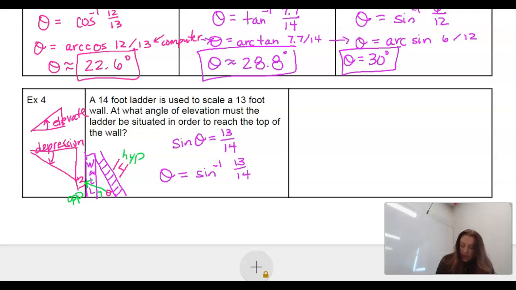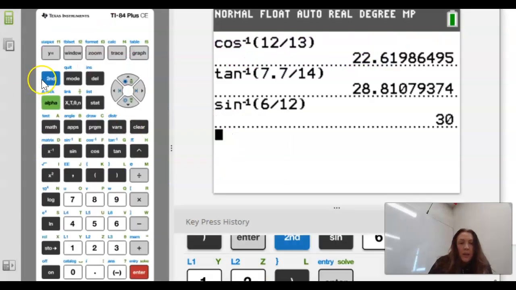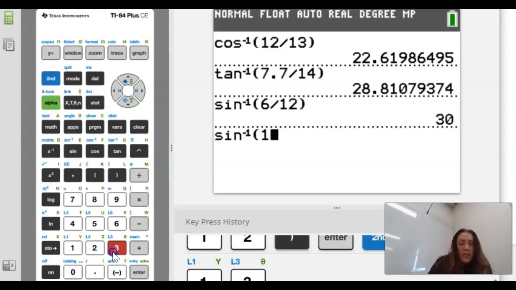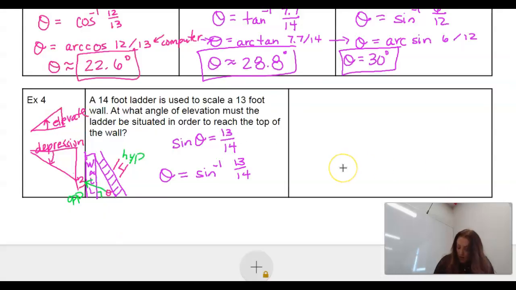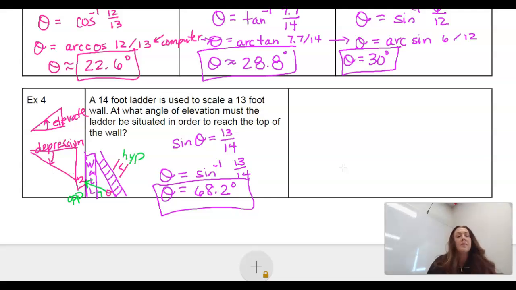Once again, type in arc sine if that's what you're looking for on a computer. So second sine and 13 divided by 14. Okay, I got 68.2 degrees. All right. So go ahead and give those problems a try and let me know if you have any questions.